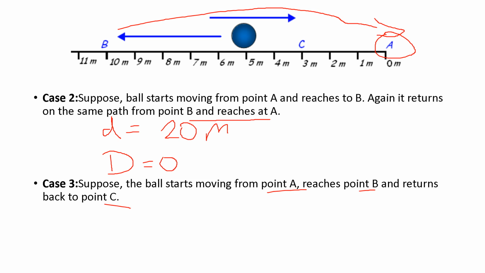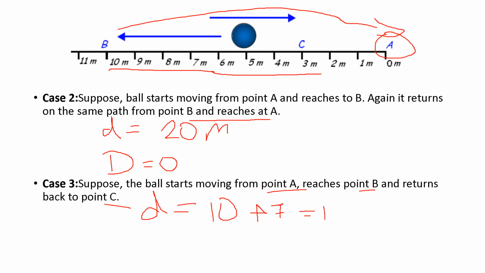Here it is given that the ball starts from point A, reaches point B, and then returns to point C. So here the distance covered by the ball is 10 meter, that is from A to B, plus 7 meter, that is from B to C. See, from this point till point C, there are 7 units. Okay, so this is the 7 meter covered from point B. So the total distance covered by this ball is 17 meter.